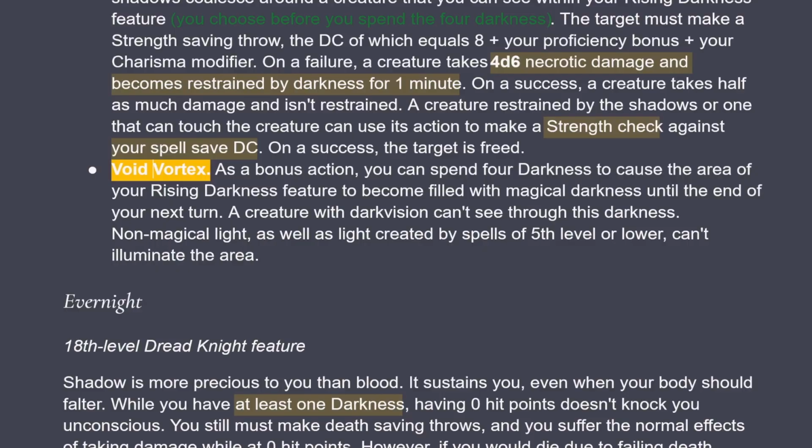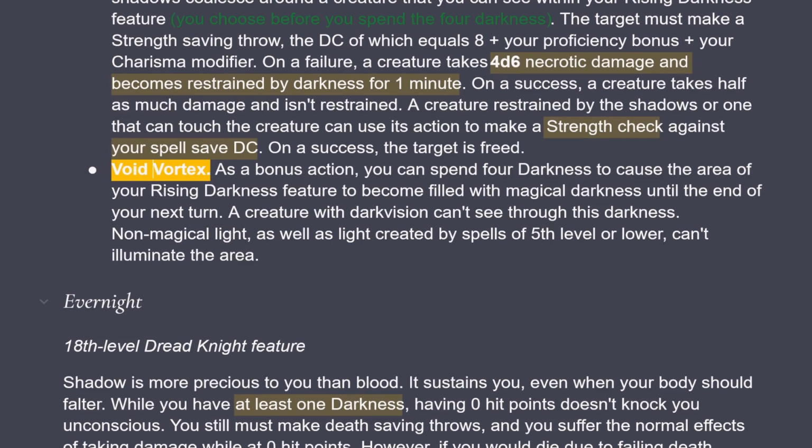That effectively, if you cast this at the beginning of your turn, or even at the end of your turn strategically to have all your enemies have disadvantage against you wherever you end up, or maybe there's a reason that you cast everything in real darkness and make it not see-throughable, you're hiding the MacGuffin in there, whatever you're doing. If you cast this, like I said, use your bonus action at the beginning of your turn, take advantage of it.